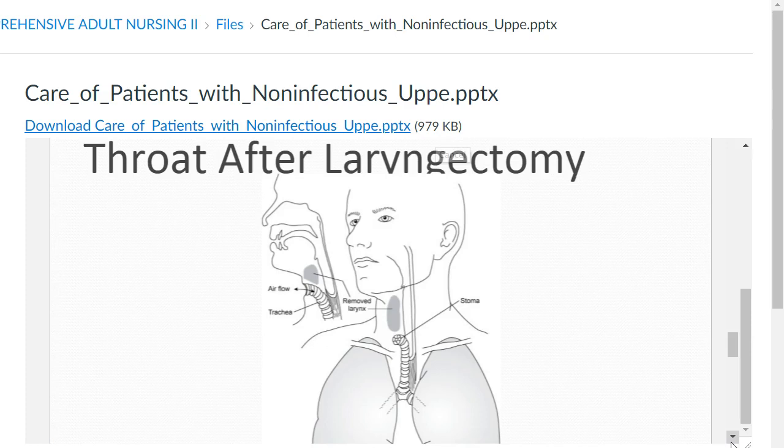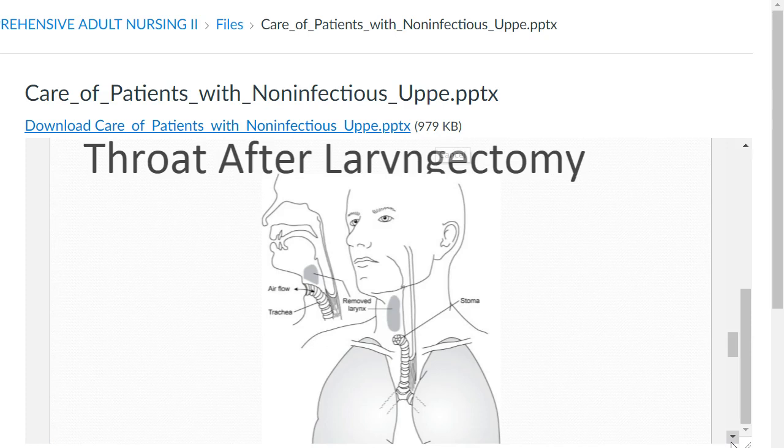They usually categorize it in 3 categories, where it's supraglottic, which involves the false vocal cords, the glottic, which involves the true vocal cords, about 2/3 of the people, and then subglottic. 25 to 50% of people that acquire cancer of the larynx present with involved lymph nodes, and it makes sense because it's in such close proximity, being where the location of the cancer begins and how it spreads to the lymph nodes.